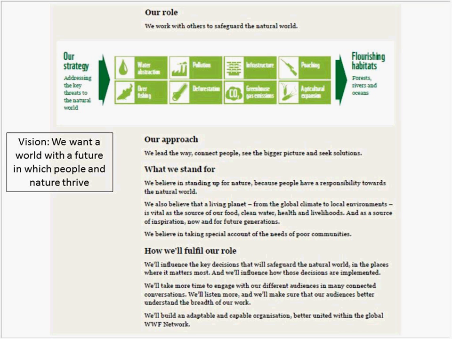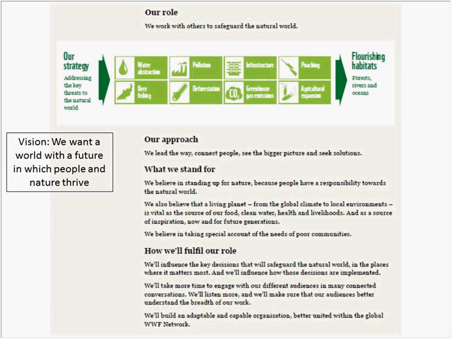I chose WWF here because there are a lot of elements that students' unions could adapt from this layout. They clearly have a really wide range of supporters and people that are engaged within their audience. And so they have identified that not all of the time does the traditional vision, mission and values actually work for them.